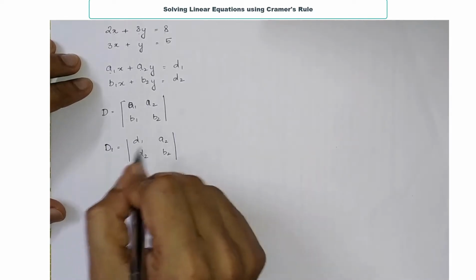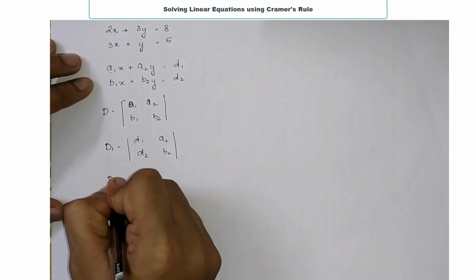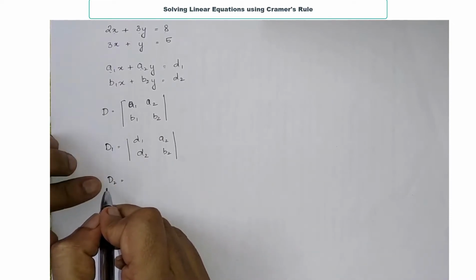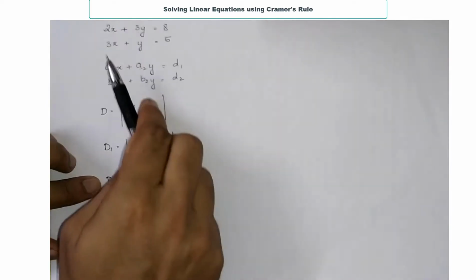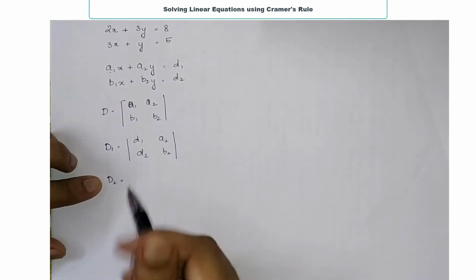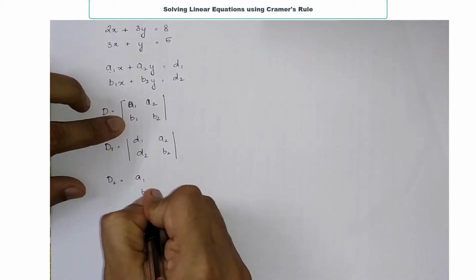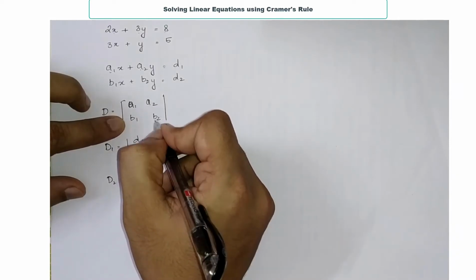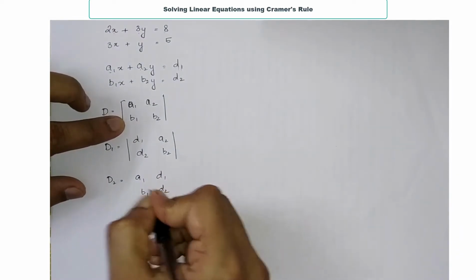So I'll put it like this: d1, d2, a2, b2. I'll explain what these values are when I come to the solution. And for D2, you remove the second column and put the values of d1, d2 there, keeping a1, b1 the same.